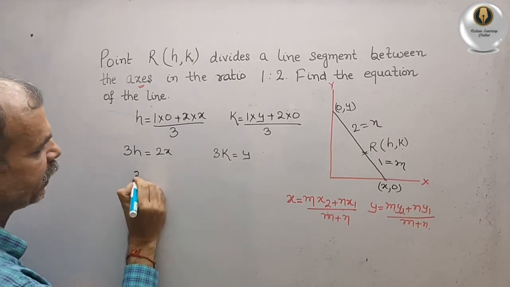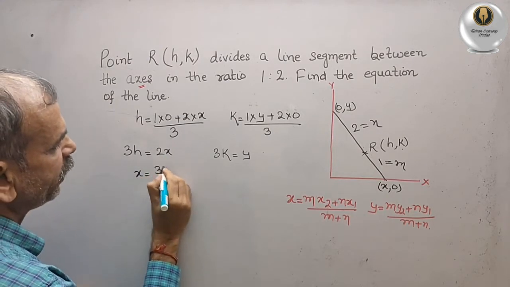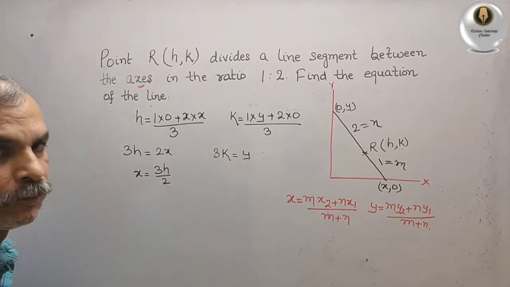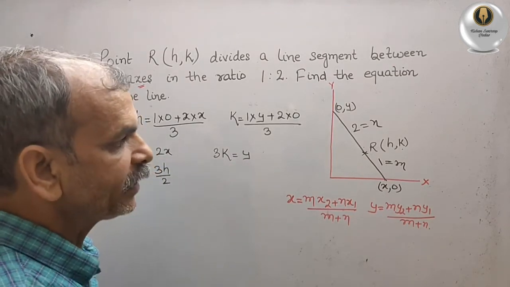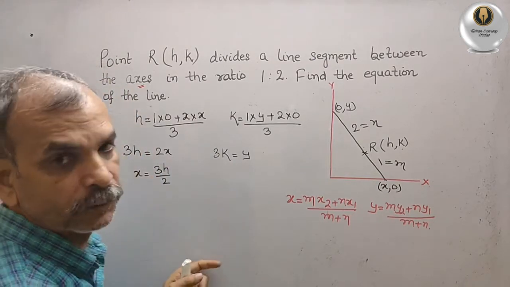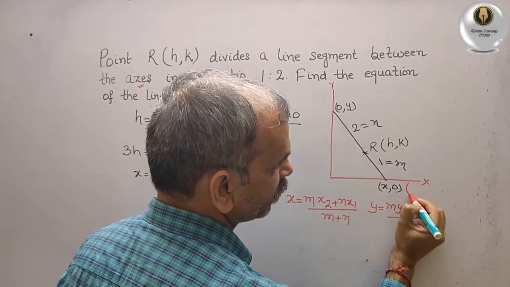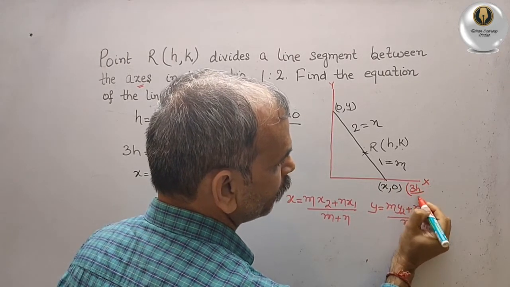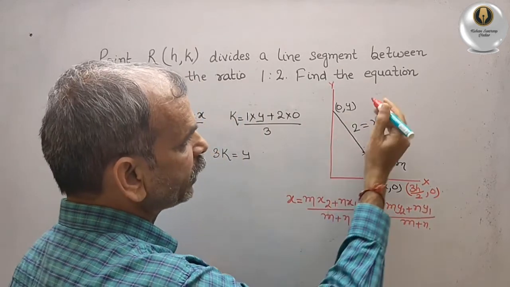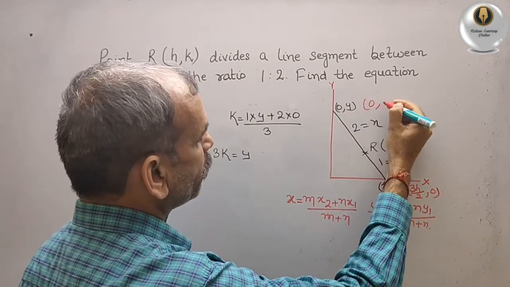So x is nothing but 3h by 2. This is your x, this is your y. Now the coordinates are what? This coordinate is (3h by 2, 0), and this coordinate is (0, 3k).